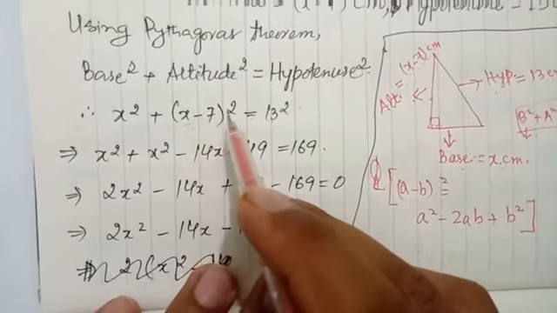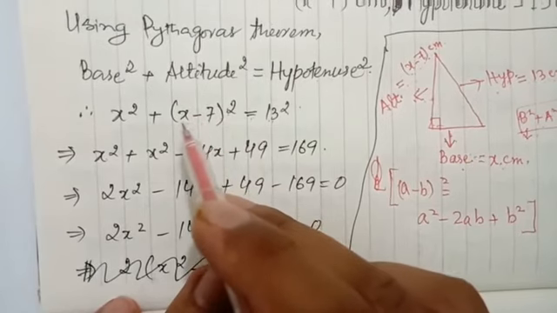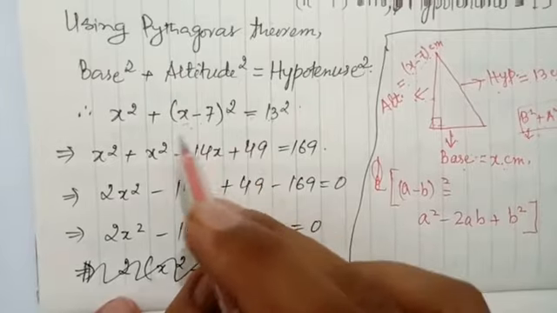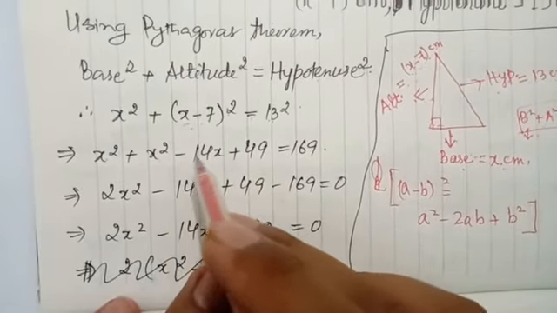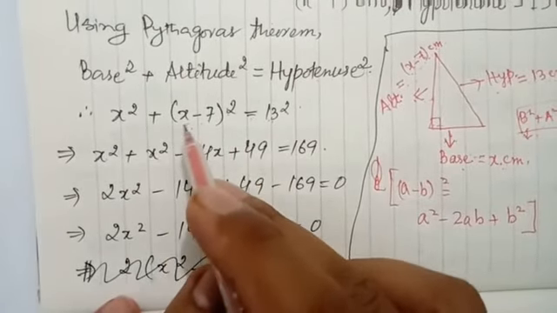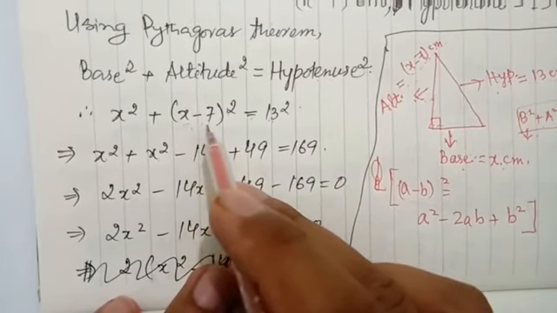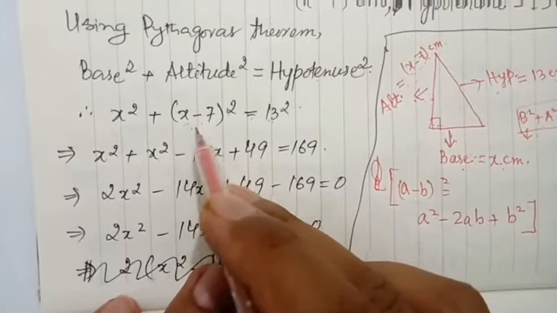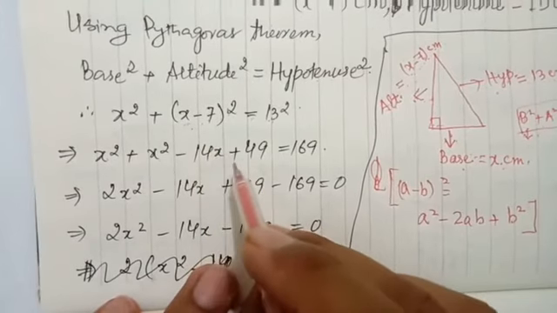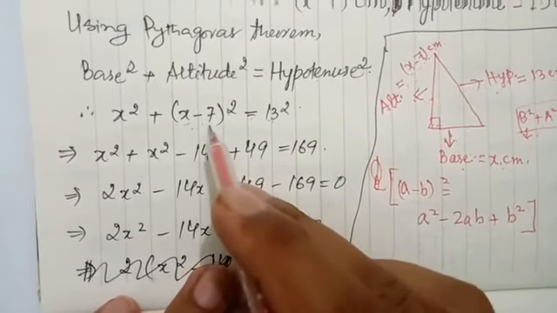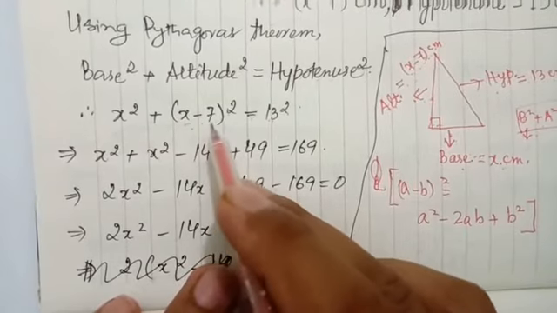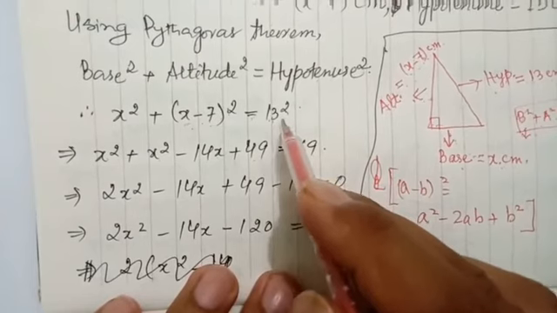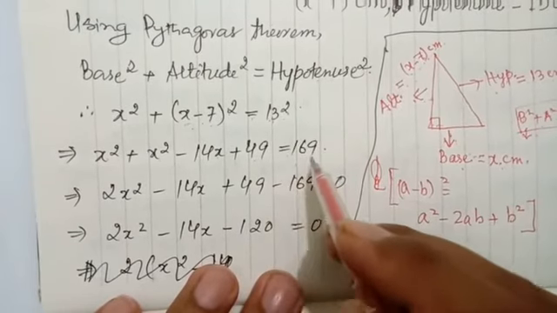For x minus 7 whole square, in place of a it is x and in place of b it is 7. So we can write x square minus 2 into 7 into x, that is 14x, plus b square, that is 7 into 7, which is 49, is equal to 13 square. 13 into 13 is 169.